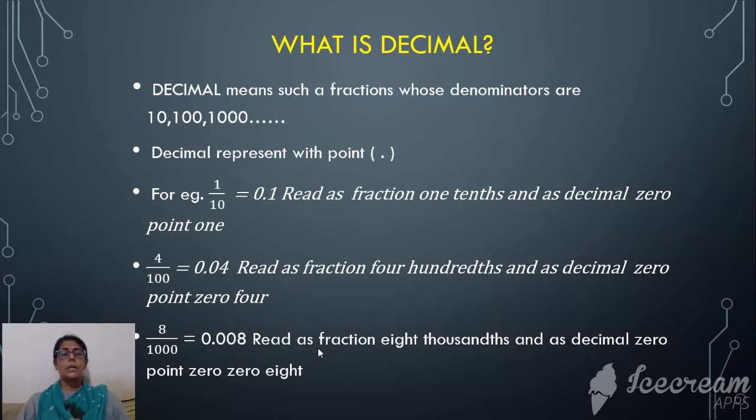The fraction is read that way, 8 thousandths. How we have to read this? 8 thousandths. Okay, and in the decimal we have to read this as 0.008, as we have to place the 3 digits after the decimal. So 0.008. Understand?